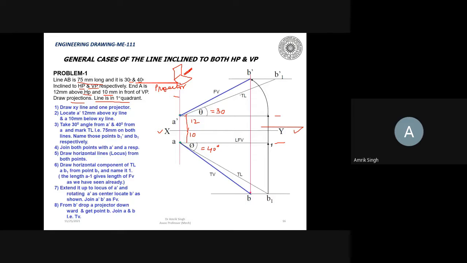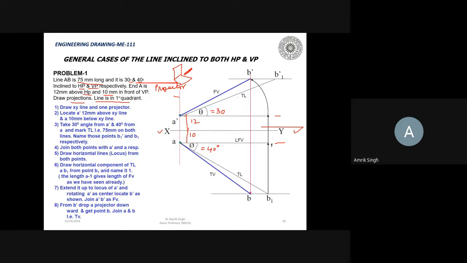So this line has come. Now it says, what is its length? So we have joined this A and A dash. Draw the horizontal component of true length from AB point and name it as 1. So how to draw this? Length AB is given as 75.